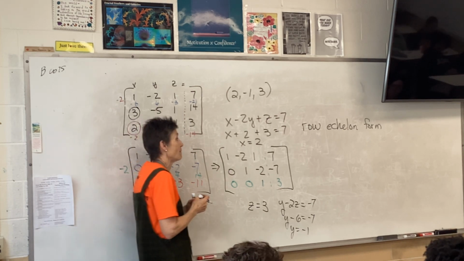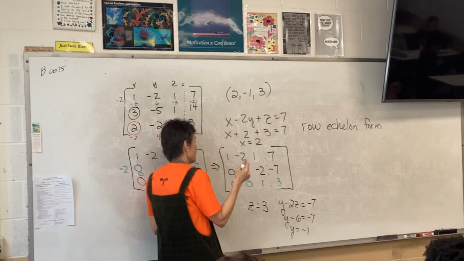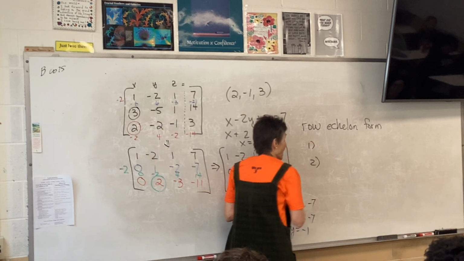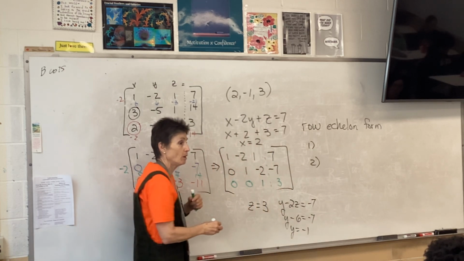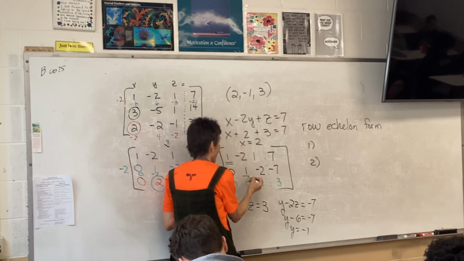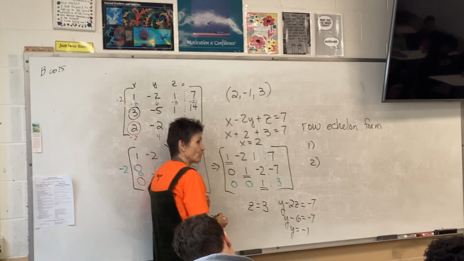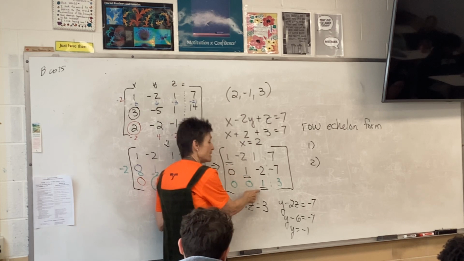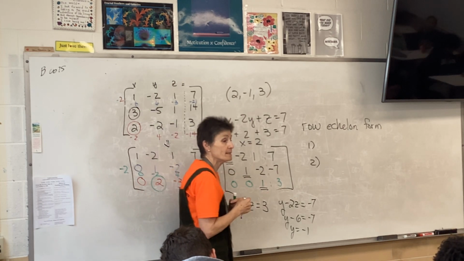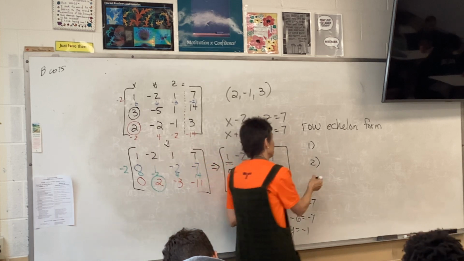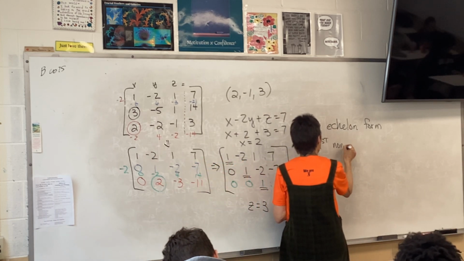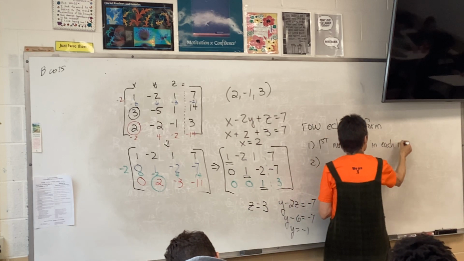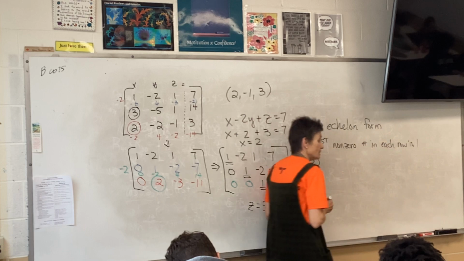Now, what does it mean for a matrix to be in row echelon form? It means it looks like this. So there are two components to that. First of all, the first non-zero number in every row needs to be a 1.